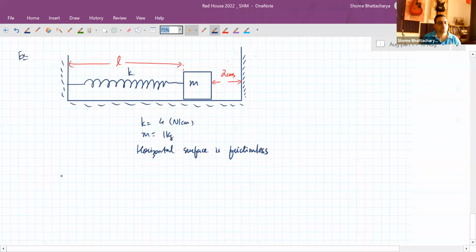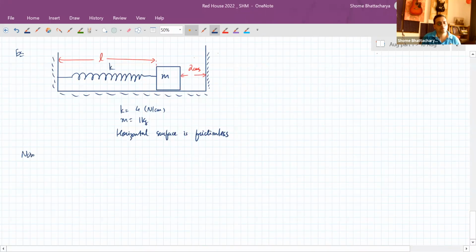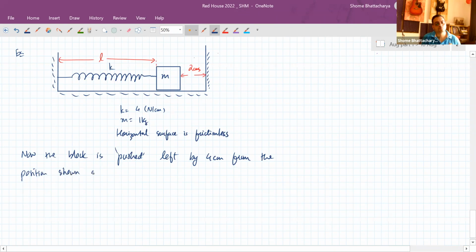Now, the block is pushed left by 4 centimeters from the position shown above, and released from rest.